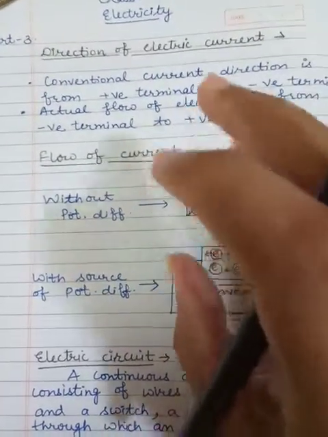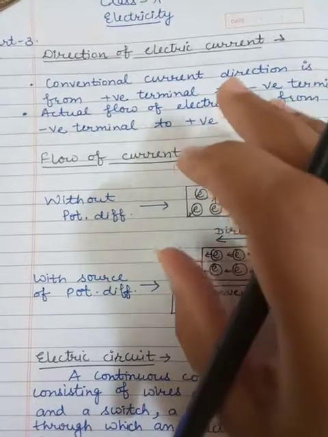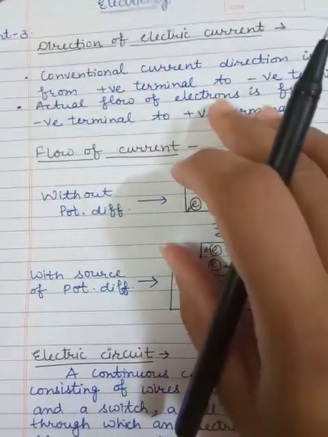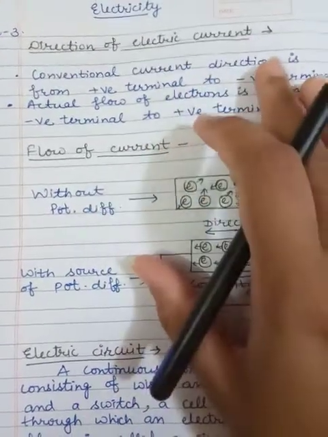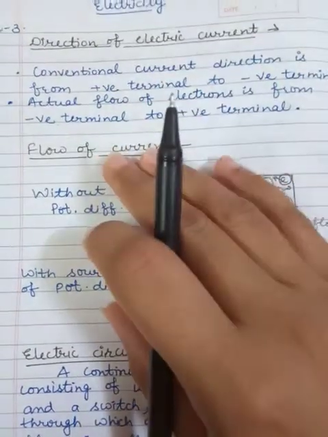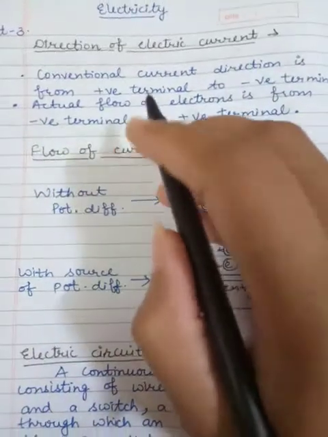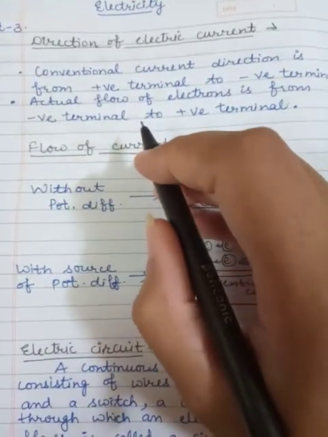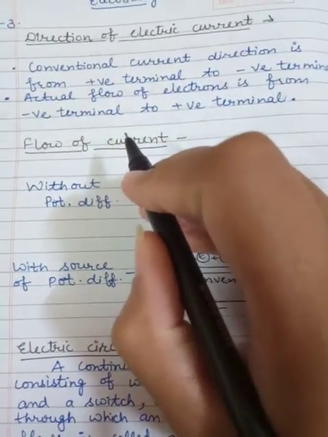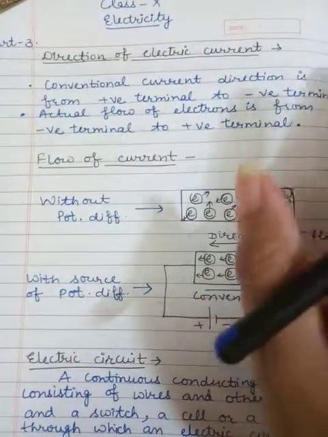So it was considered that the charge is flowing from the positive direction to the negative direction, from the positive terminal to the negative terminal, and the flow of electricity is due to the flow of the positive charge.